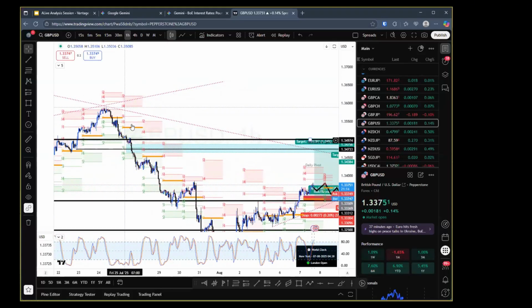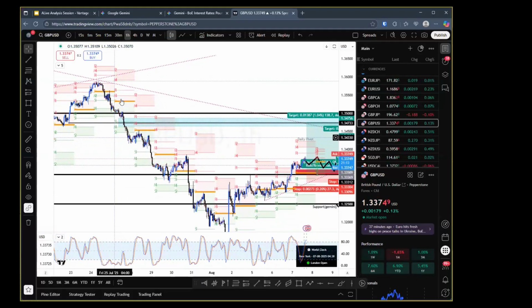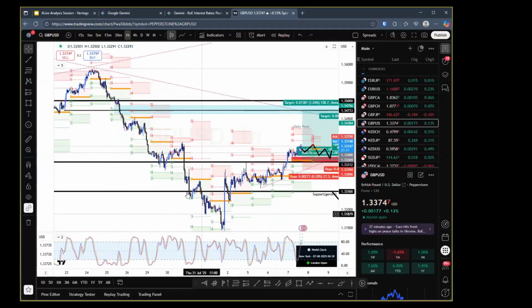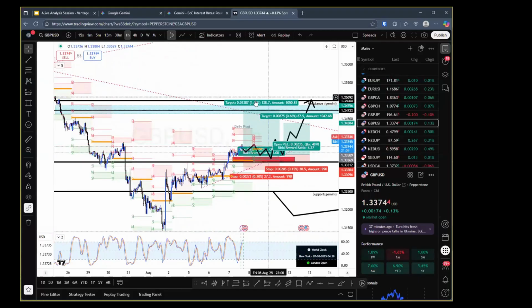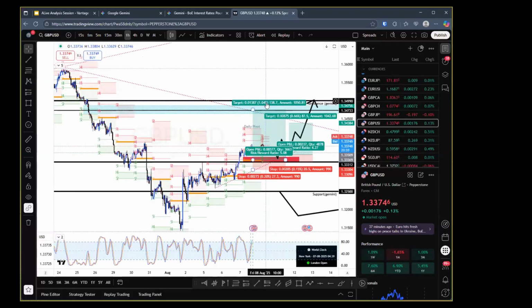And given this sort of range, if you're a buyer, there are so many other opportunities to buy at a discount. If price does get back up to this level, there is no reason why buyers will want to buy this unless you have a fundamental or macro-driven reason to push pound above this area here.